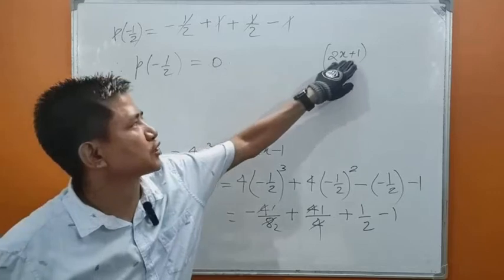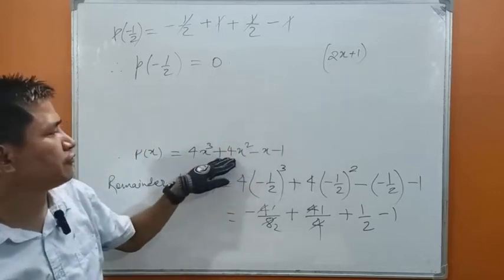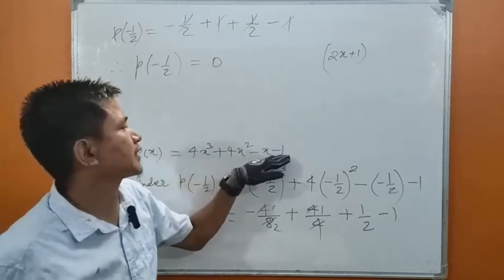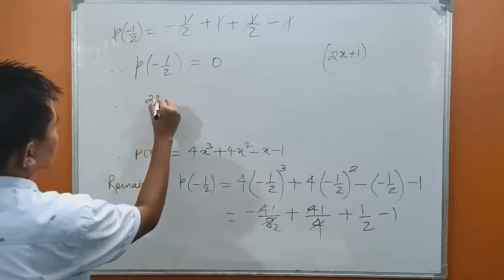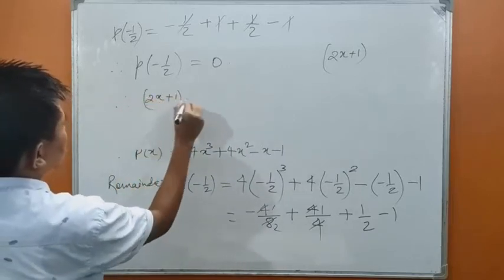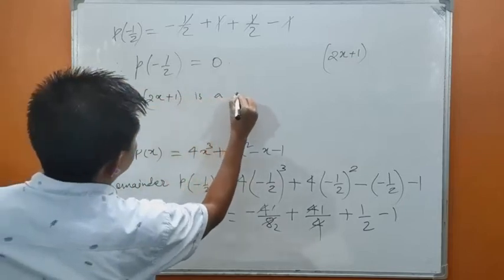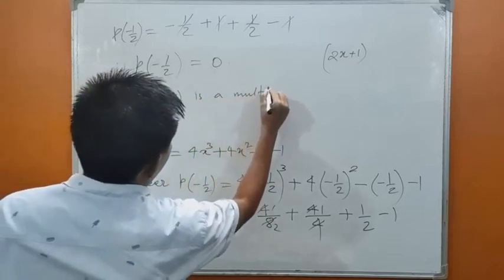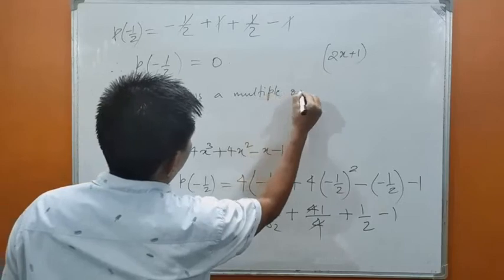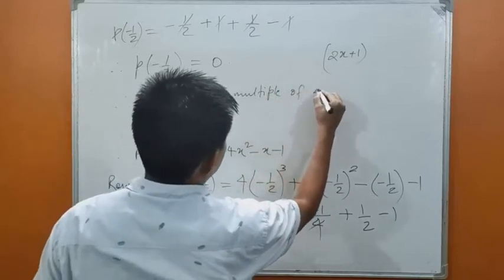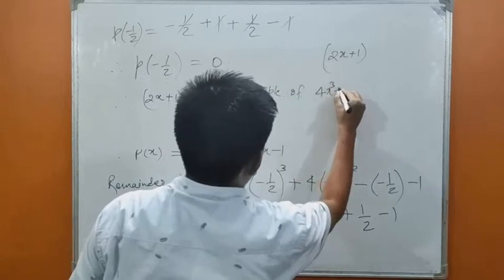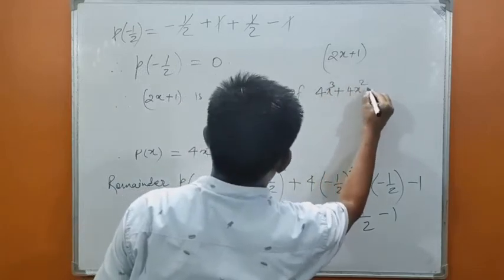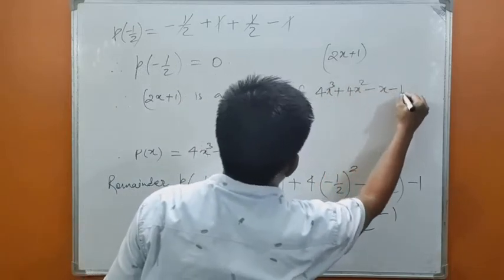This means 2x plus 1 is a multiple of 4x cubed plus 4x squared minus x minus 1. Therefore, we can say 2x plus 1 is a multiple of 4x cubed plus 4x squared minus x minus 1.